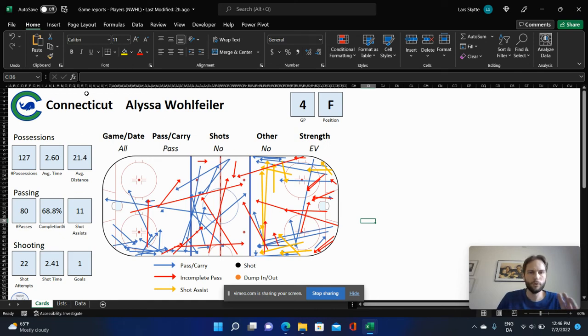All blue arrows mean completed passes, red arrows mean incomplete passes, and yellow means shot assists. So we can see that she has quite a lot of shot assists, but none of them are to the slot area. So there's not a lot of high danger shot assists. This is somewhat concerning, I would say.